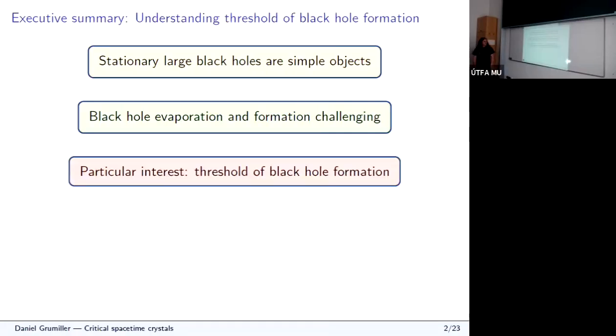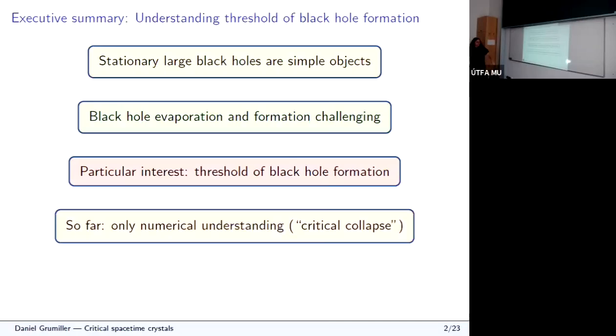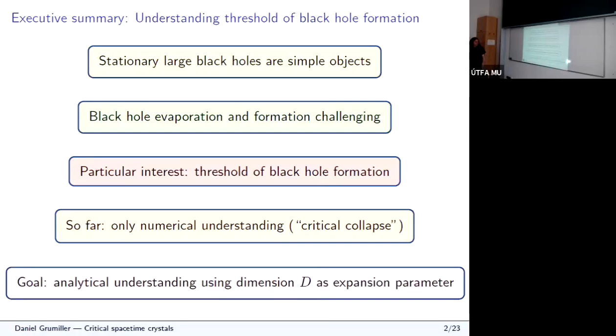And here, the interest is the threshold of black hole formation, when we create infinitesimally small black holes, or just the state before a black hole actually forms. So far, there's only a numerical understanding of this process, and the catchphrase here is critical collapse. I'll explain what this means.